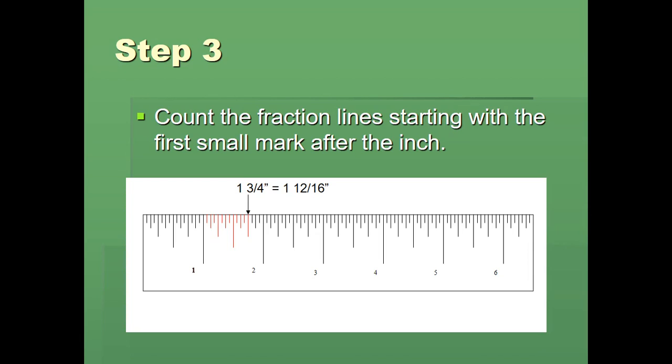That measurement wouldn't be right. So we're going to count the one with sixteenths. We count 1, 2, 3, 4, 5, 6, 7, 8, 9, 10, 11, 12, and we get to the mark we're measuring to. You can see the arrow pointing to 1 3/4, which is the same as 1 12 sixteenths. It's a little bit quicker and a little bit easier than the steps we did last time.